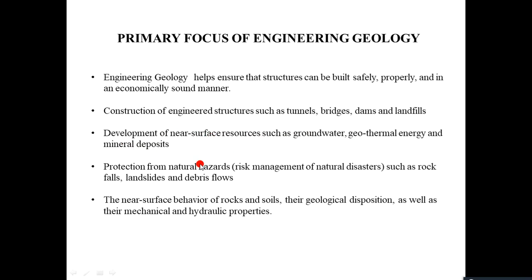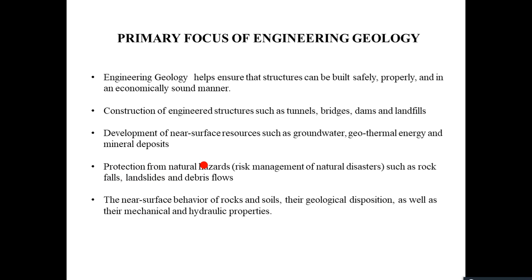Okay. And then protection from natural hazards. So we need to make various engineering structures, like rock bolting is done. You must have seen various rock bolts near the NHPC plant in the Dhauli-Ganga area.